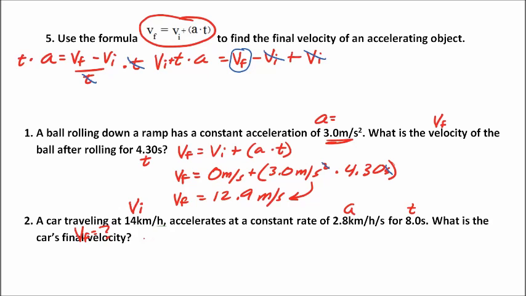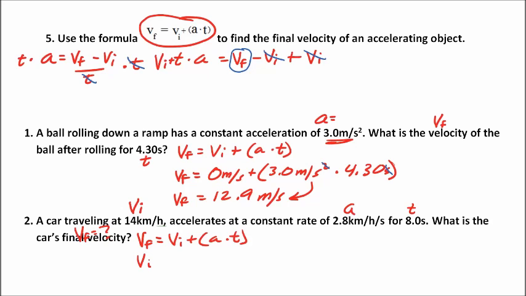So we need an equation that says V sub F equals final velocity equals what? Well, final velocity, according to our equation, is initial velocity, V sub I, plus acceleration times time. Just like that. So now we plug numbers in here.